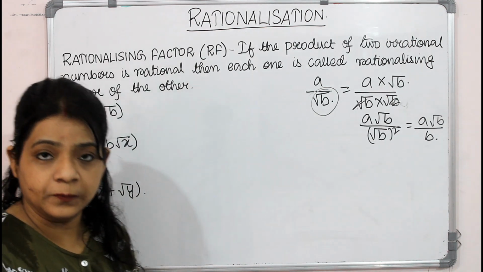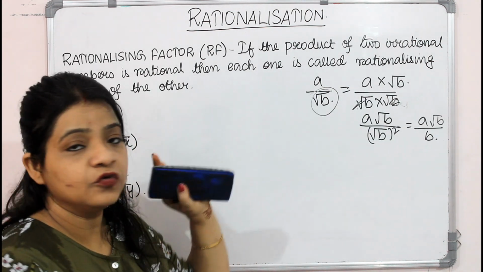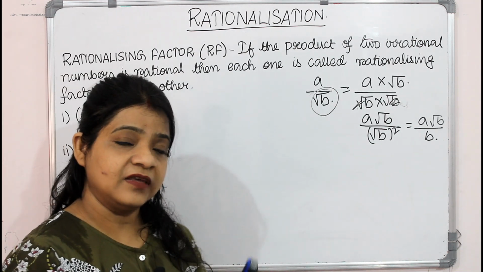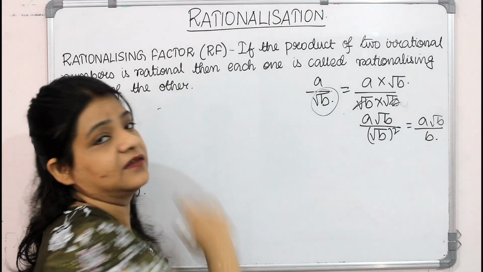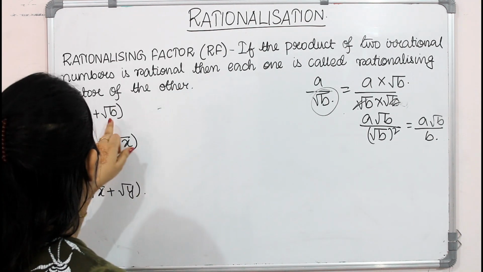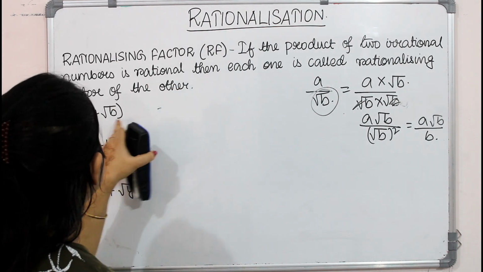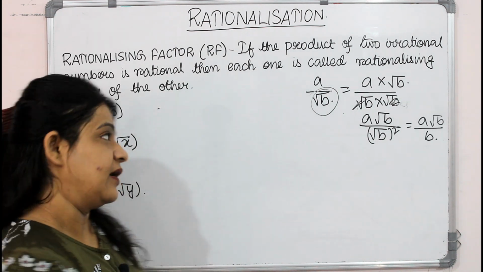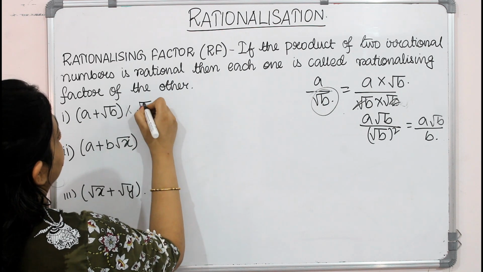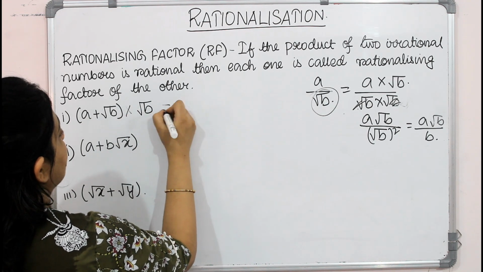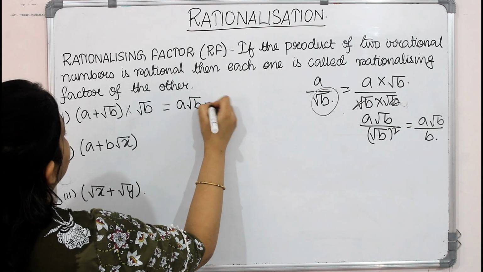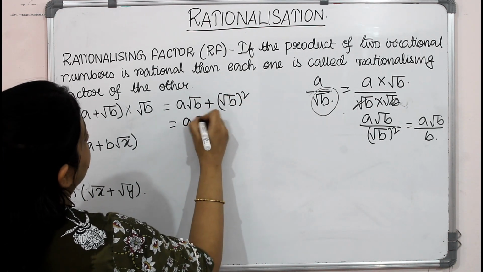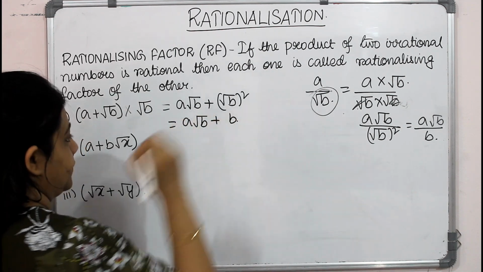So a plus root b, where a is a rational number and root b is an irrational number. Let's multiply it with root b. What are you getting? a root b plus root b whole square, so a root b plus b.